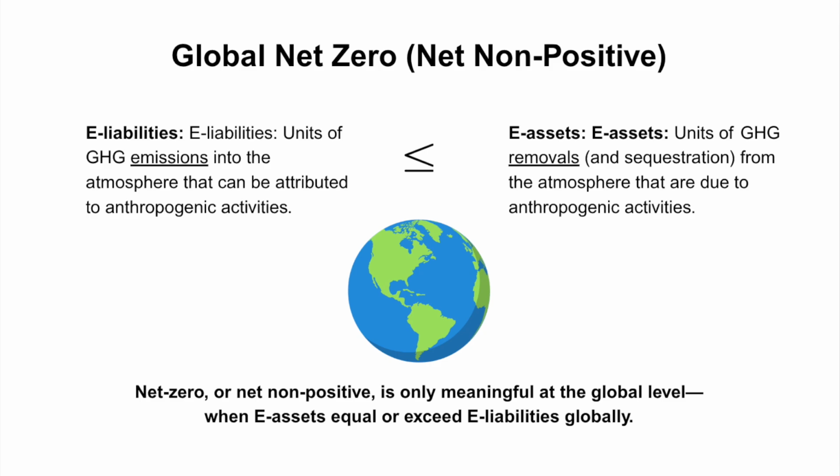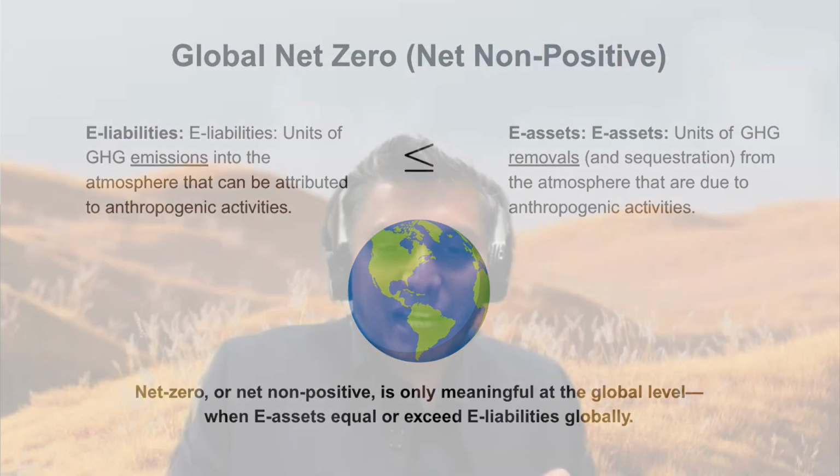But we say, okay, if we want to manage to that, then let's look at the asset side of the ledger as well. The asset side of the ledger is what's going to tell you what your removal activities are. And then at that geological scale, if all of the assets are greater than, or at least equal to, all of the liabilities, then you're net zero. And that is the only net zero that matters.